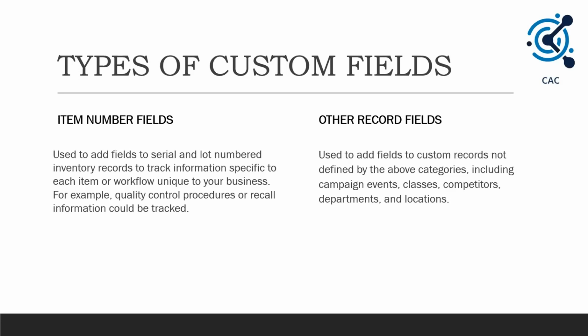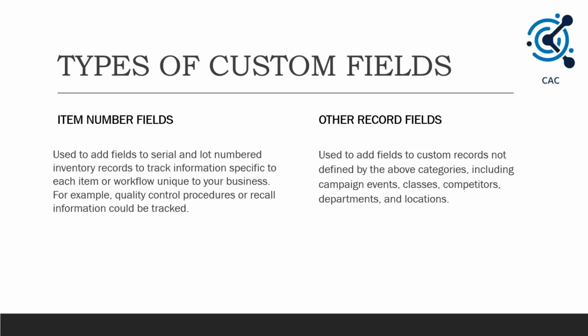Item number fields are used to add fields to serial or lot numbered inventory records to track information specific to each item or workflow unique to your business. For example, quality control procedures or recall information could be tracked. There are some pre-made fields on serial and lot numbered, but you can add custom fields there as well.